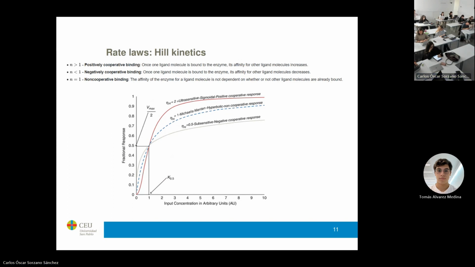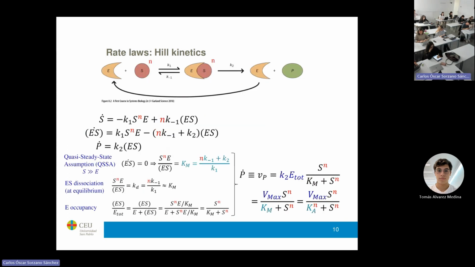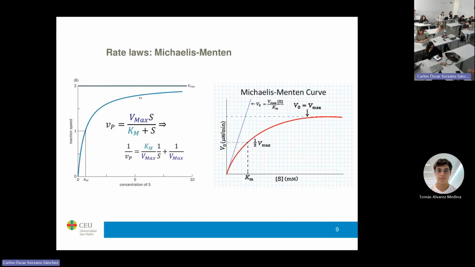It's interesting. At this concentration, let's do it with this one that is simpler to see. When the concentration of the substrate is Km, you are exactly at half the maximum velocity. So you can see this is Km, this is twice Km, so you are at half the maximum velocity.